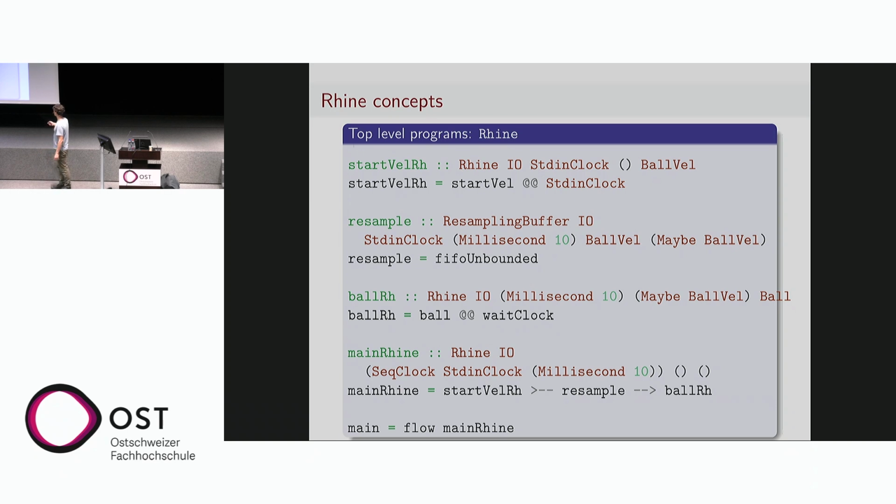A Rhine is a complete thing that produces its own timestamps and reacts to them in some way. I didn't show you here, but you could also take this and run it separately in principle, and then you would have a monadic stream function that produces these ball velocities at specific times. Or you could also have this here, and it compiles to monadic stream functions, or actually to automata in a sense.